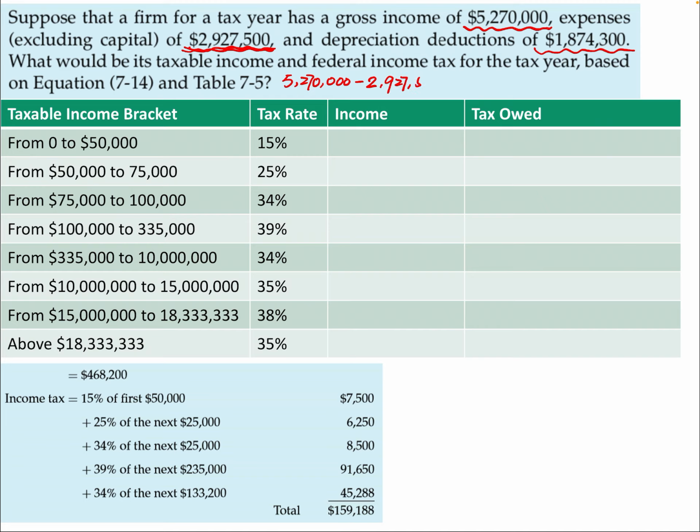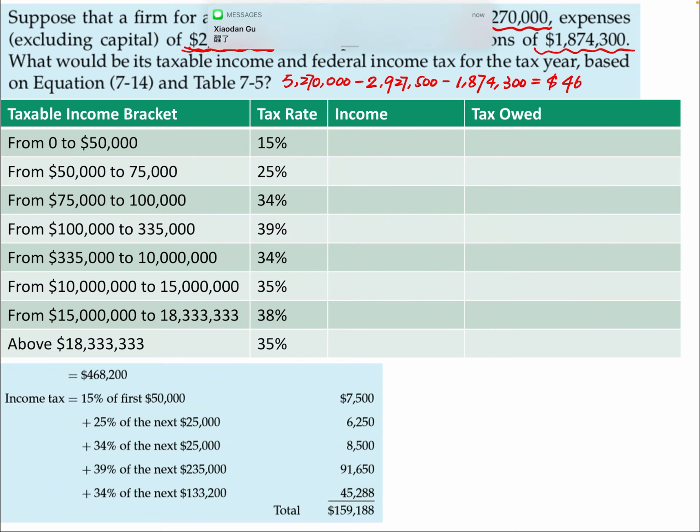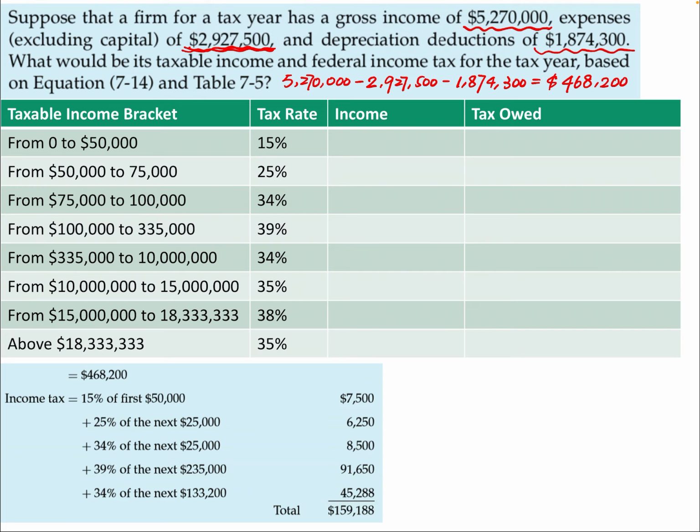So 2,927,500. And then minus the depreciation deduction for that tax year, which is 1,874,300. So this is going to be your taxable income, and that will be 468,200.